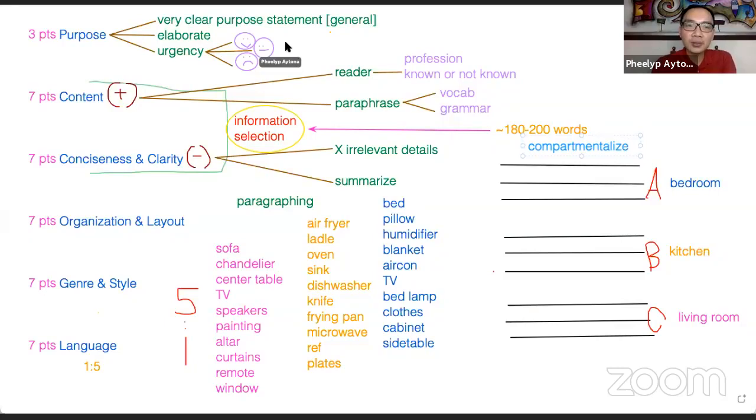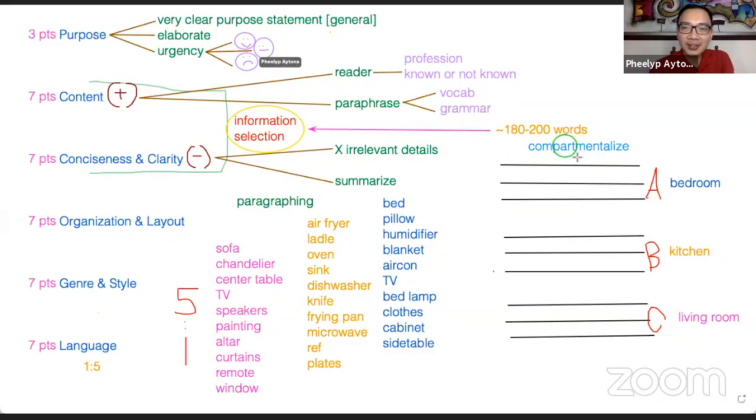What's the root word of compartment? Part.